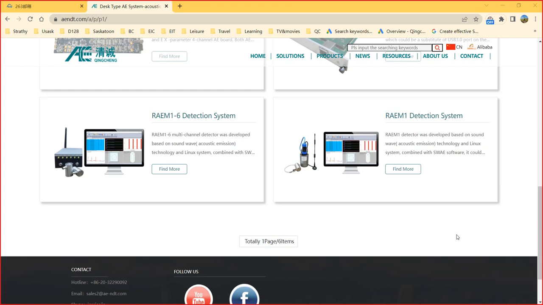It receives the signal. It can automatically start acquisition once it gets powered up, and then it will send the signal to your computer or other terminals or even the cloud platform, wired or wirelessly, depending on the communication module that you choose.